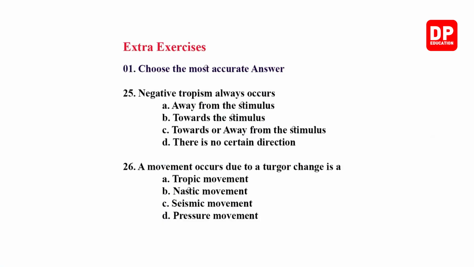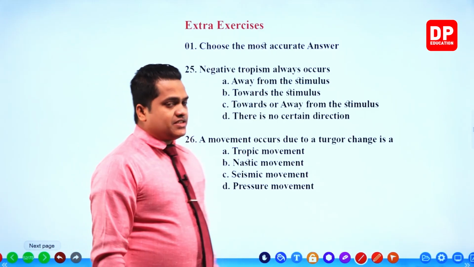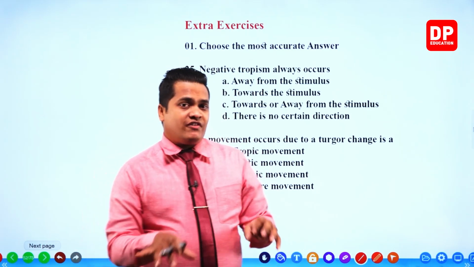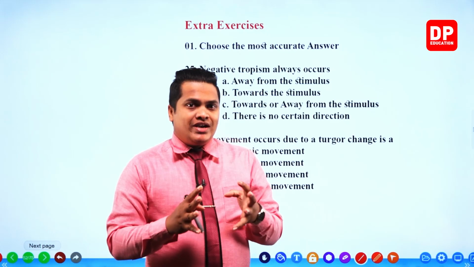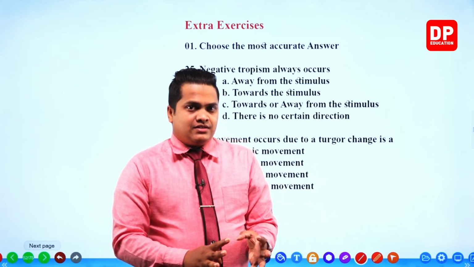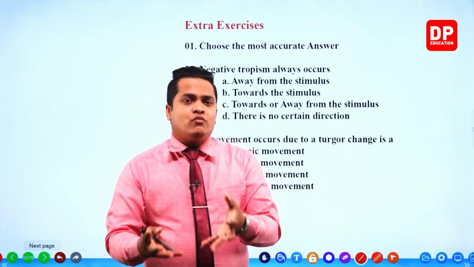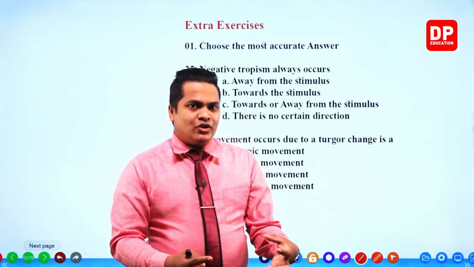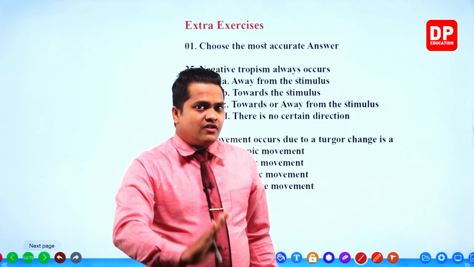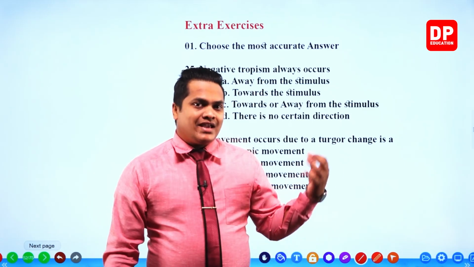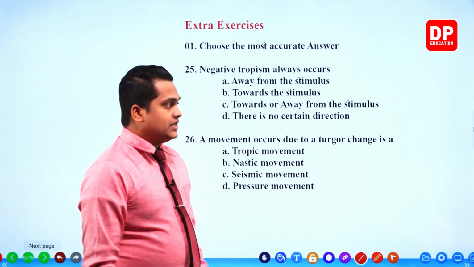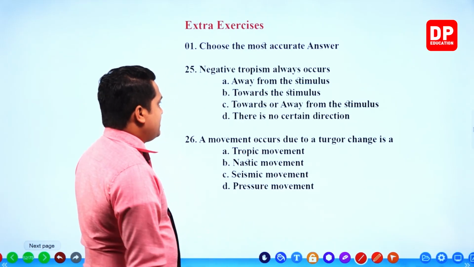Negative tropism always occurs. Negative tropism means, my dear children, it's a trophic movement. However, it should be negative. Negative means not in the direction of the stimulus, but the opposite of it. So negative tropism always occurs away from the stimulus.